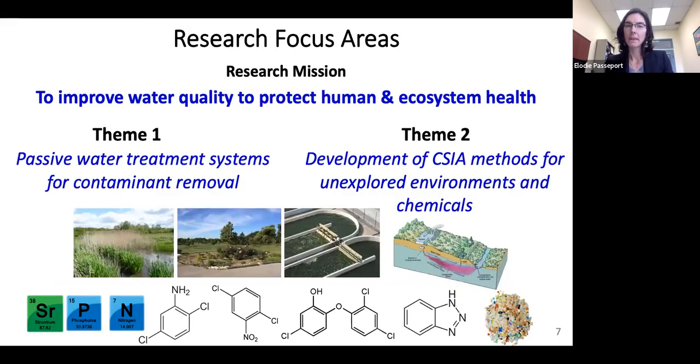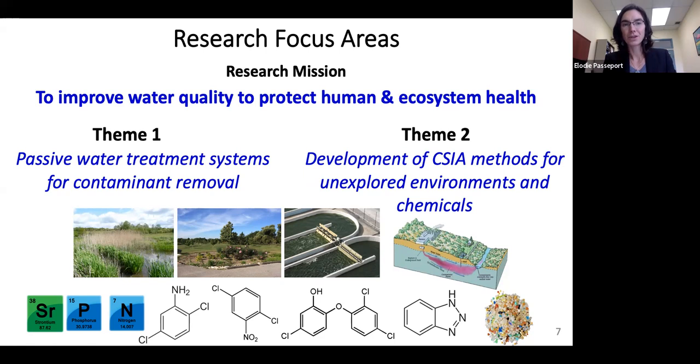And so in my work, we try to contribute in our research group to improve water quality with the goal to protect human and ecosystem health. And my approach is to try and understand these reaction mechanisms so that we can inform on how to best design and operate a variety of environmental remediation strategies.